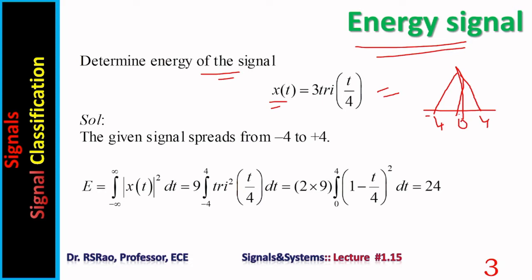Solution: the given signal spreads from minus 4 to plus 4. It is an energy signal, a non-periodic signal. Its energy E is equal to integral minus infinity to plus infinity of mod x of t whole square dt, equal to 9 times integral minus 4 to plus 4 of triangle square t by 4 dt. Its integration and the substitution of the limits gives us E as 24.